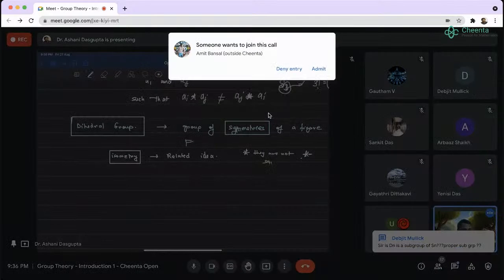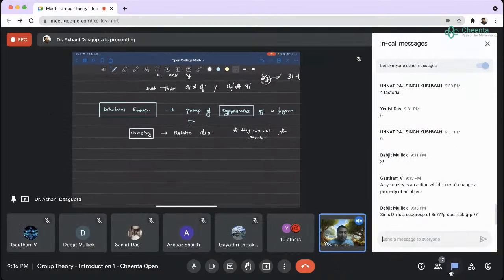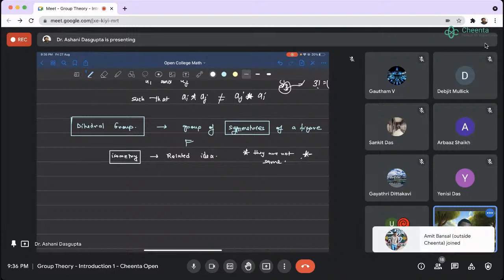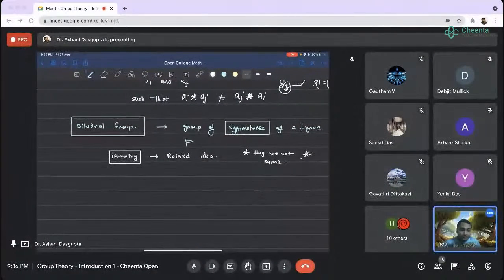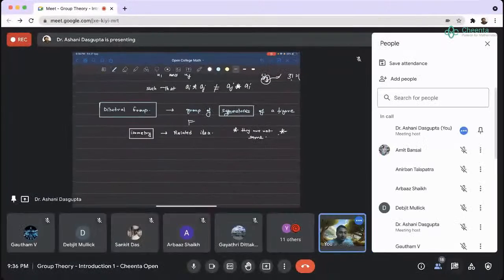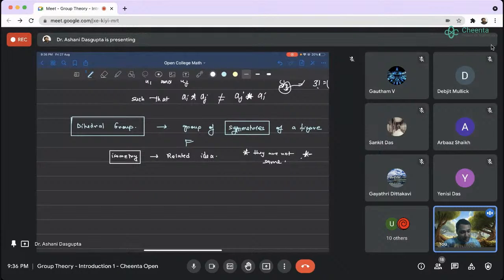Can anyone give me an example of an isometry that is certainly not a symmetry? Can anyone give me an example of that? Okay, so I'll first explain what is isometry.